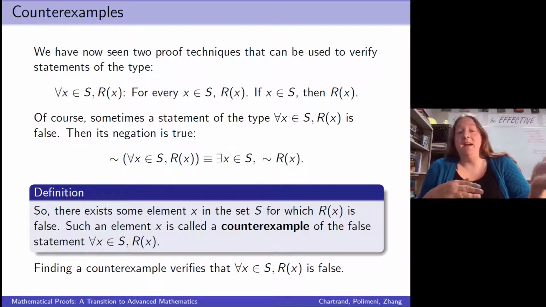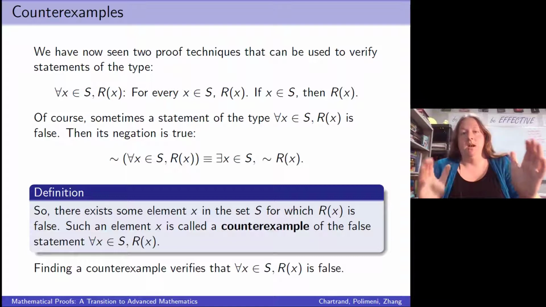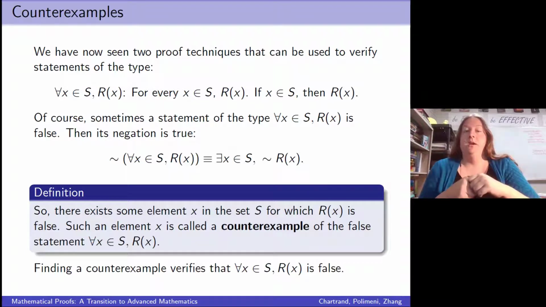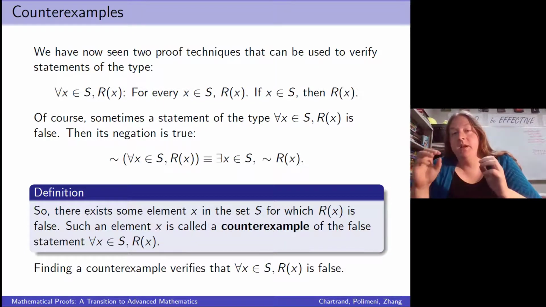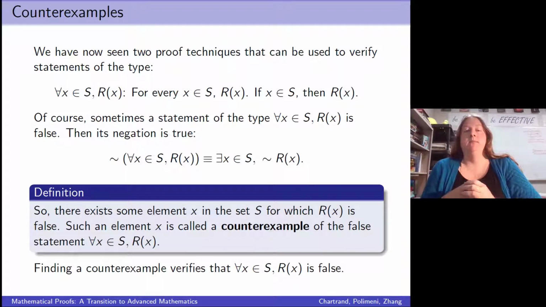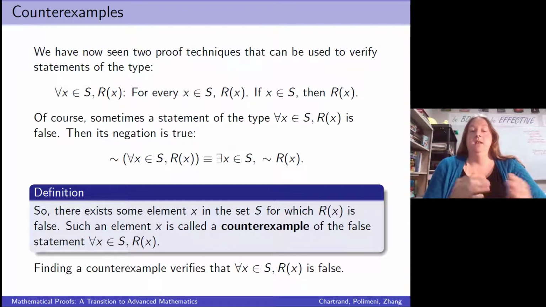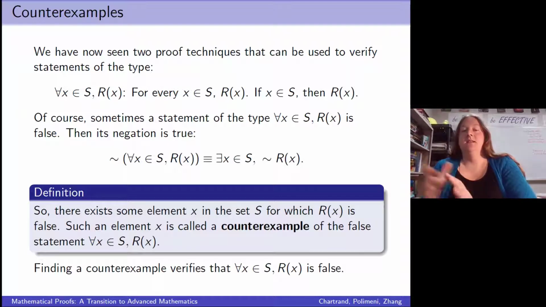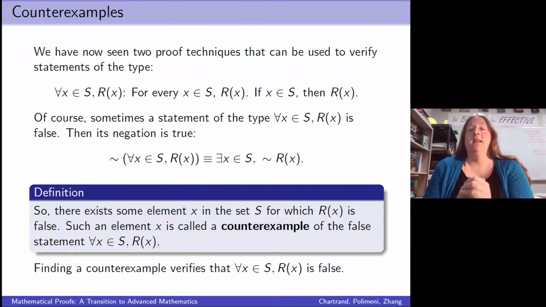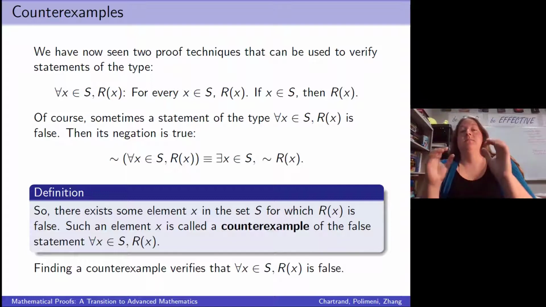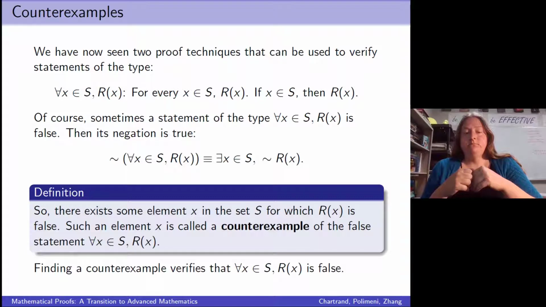Now, if we think back to our logic time, we know that the negation of a universal quantifier is the existential quantifier, and then putting a not with the statement that we had. So to say not for all x in S, R of x, that's the logical equivalent to saying there exists an x in S such that not R of x.